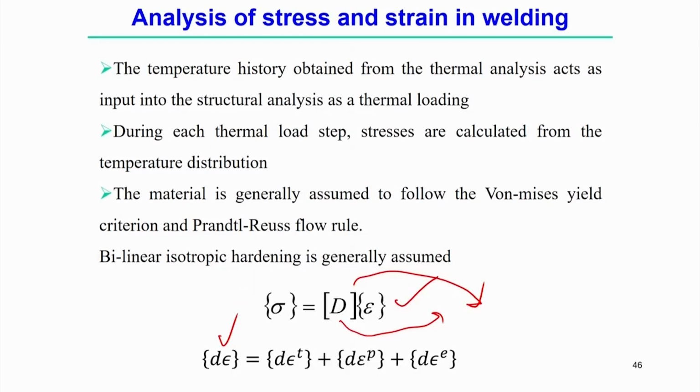In the welding process mainly the thermal load is present, so thermal strain is generated. So, this is the incremental thermal strain, plastic strain and the elastic strain component. In each and every increment we assume this, then we update the stress value, the distortion value as well as the strain value in each step.